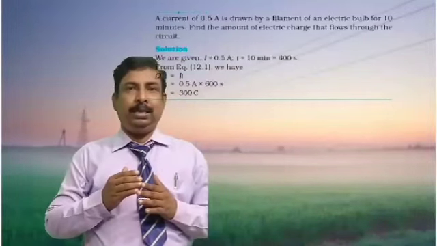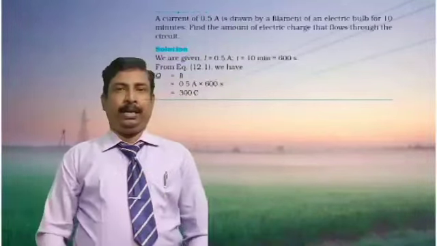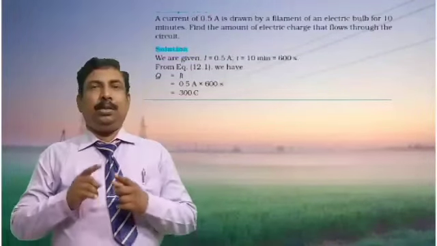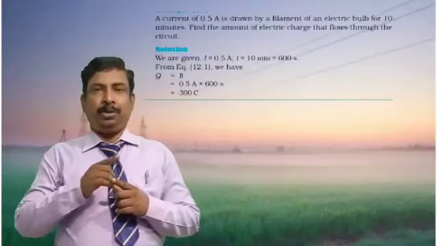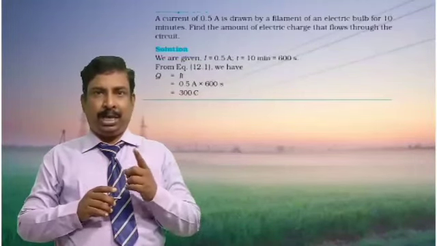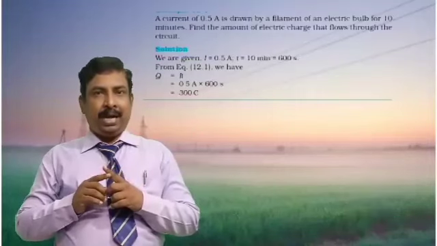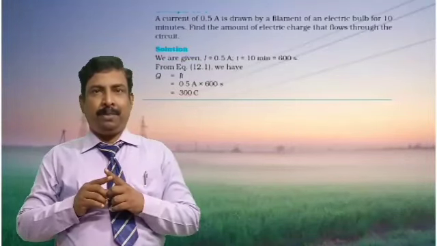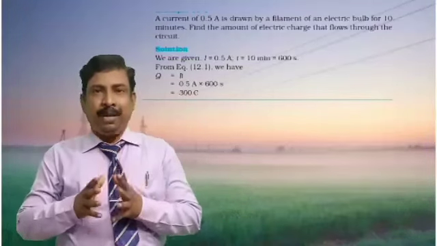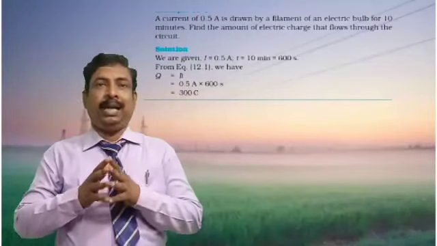Just now we learned, I is equals to Q by T. From this, if you cross multiply, you will get Q is equals to IT. We need to find Q, the charge. We have I, the value 0.5 amps, and T, 10 minutes. But that's minutes, you need to convert into seconds.